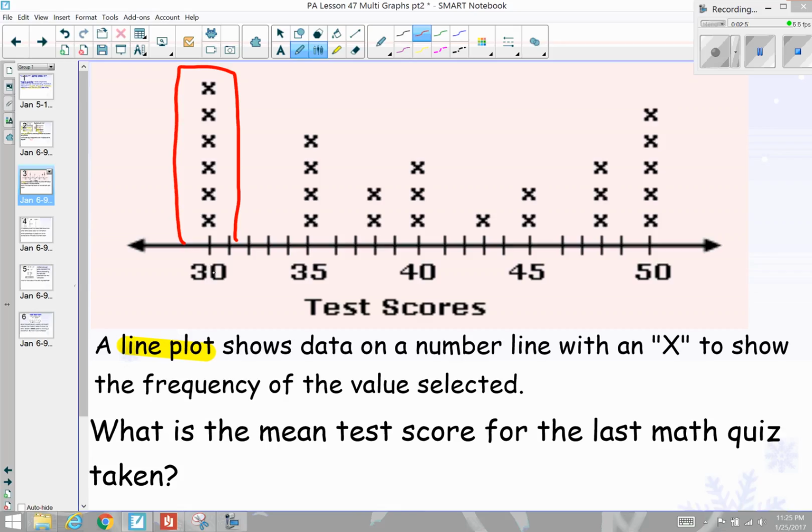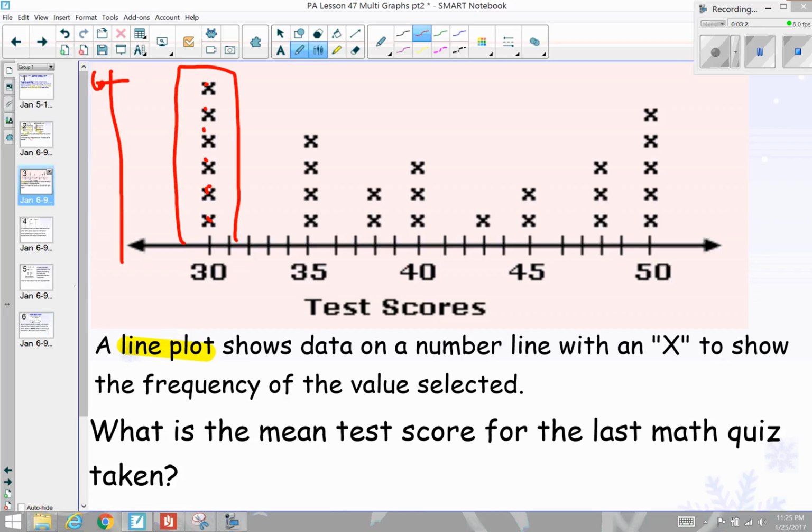For the test score of 30, we had 1, 2, 3, 4, 5, 6. If it was a bar graph, we'd have the number 6 and draw a line, but instead we represent each score with an x. Each x represents that person's score.